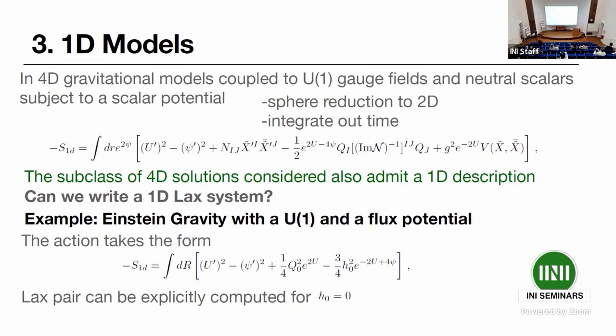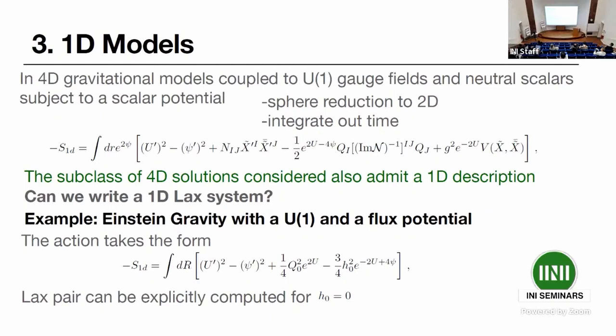And then for the 1D models that have been studied for a long time already, the question is if we can write now a one-dimensional Lax system. So the simplest example that we can think of is basically no scalars and just a U1 and a flux potential.